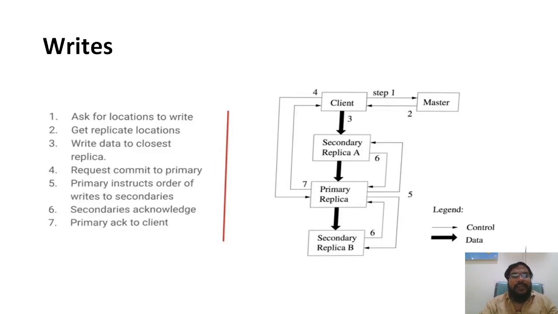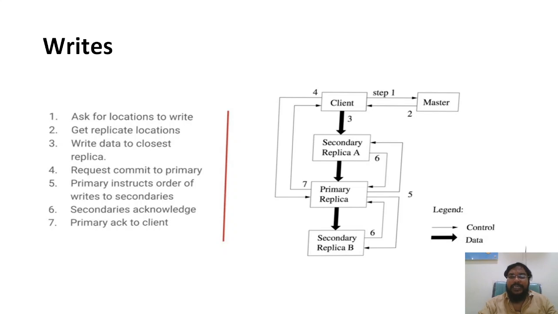And if you talk about a write, whenever a client wants to write particular data to a server, first the client asks the master where the data has to be stored, that is, in which server. The master gives a reply to the client, and now the client writes the data to the closest replica.